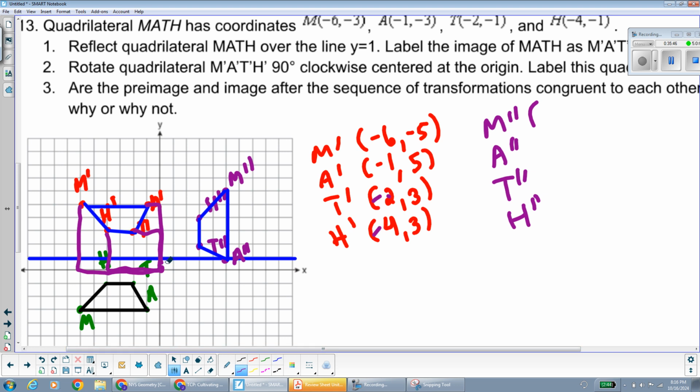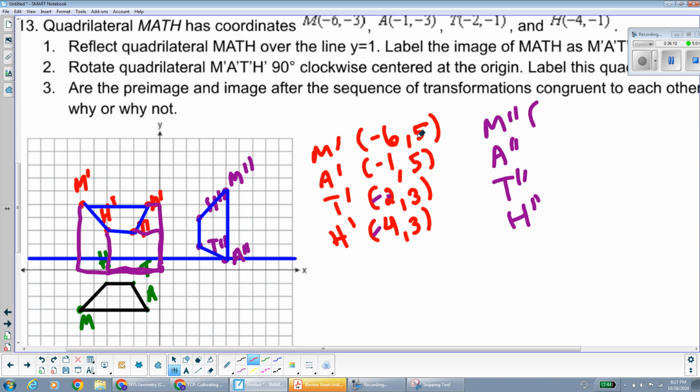Negative. We went to the left. Negative. This is what happens when I'm doing this too late at night. I don't know which direction on the grid is negative and which one's positive anymore.